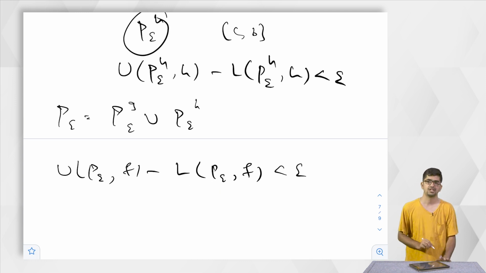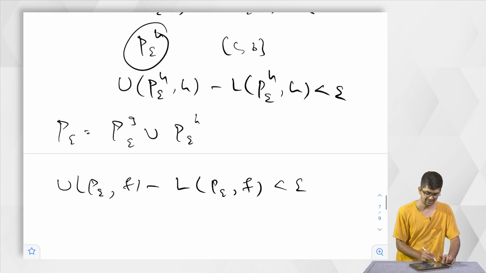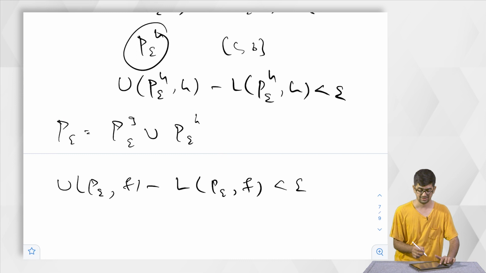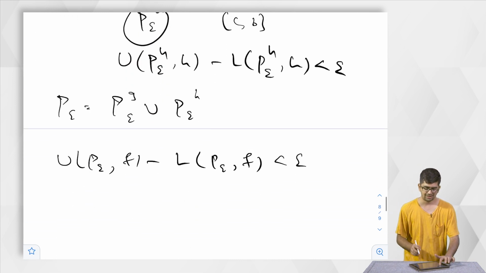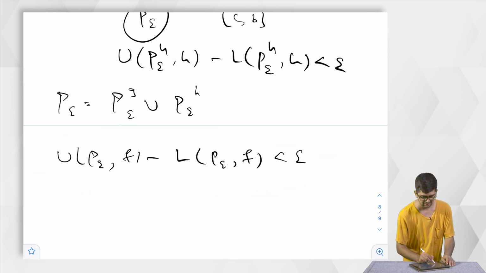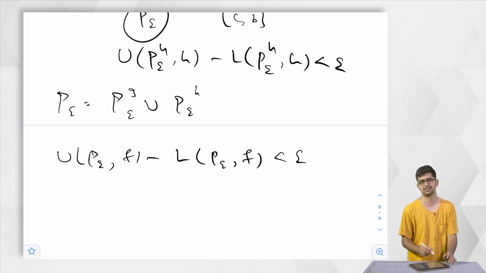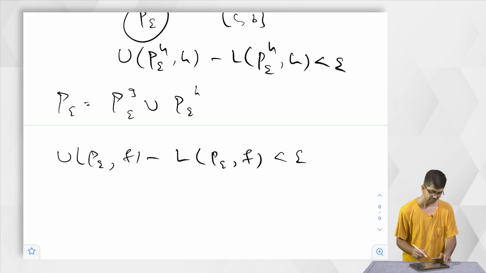That much we know, but it is not necessarily true for the partition P epsilon that we are constructing from these two partitions. So I don't know whether this is true or not. All I know is there is some partition. If I replace that by Q, I know that U(Q, f) minus L(Q, f) is less than epsilon, but I don't know whether this is true or not. So let us check that first.